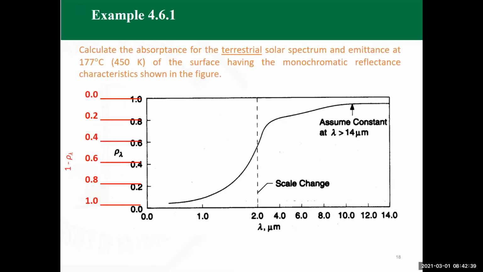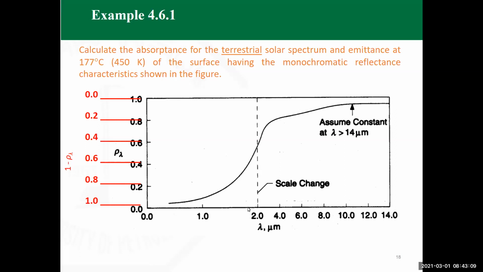The example here is talking about the terrestrial solar spectrum, where the reflectivity is given as a function of the wavelength. For that surface, the reflectivity starts from a small value for short wavelength radiation. And remember, short wavelength radiation corresponds to high temperature radiation, so for high temperature radiation the reflectivity is small.